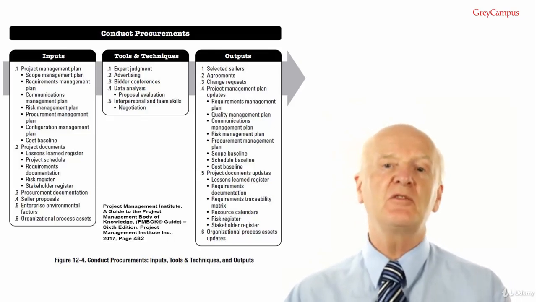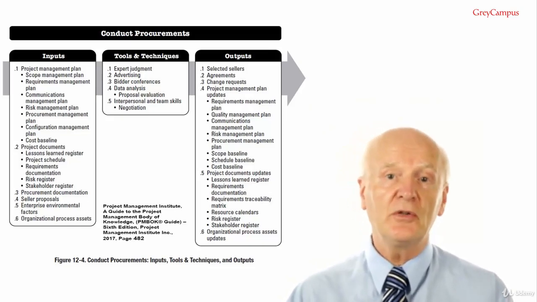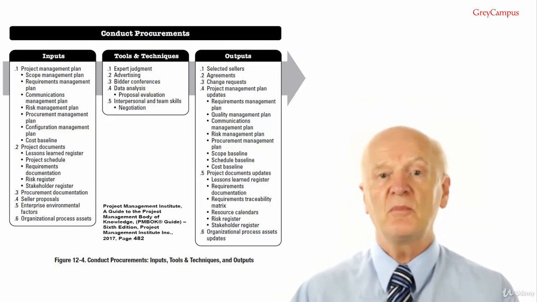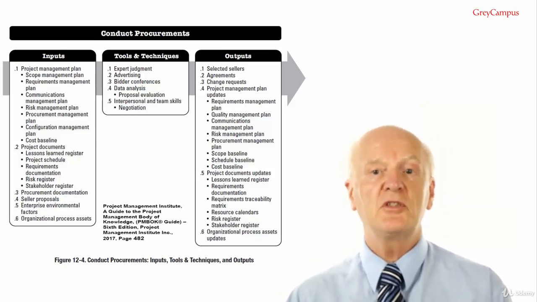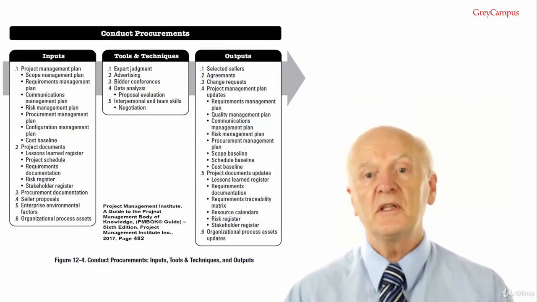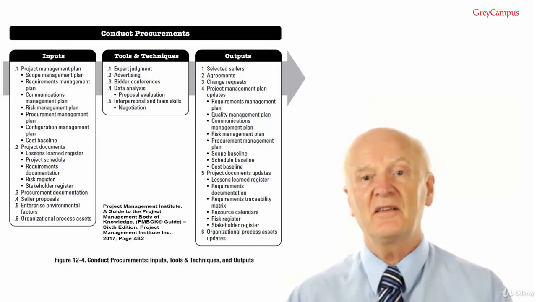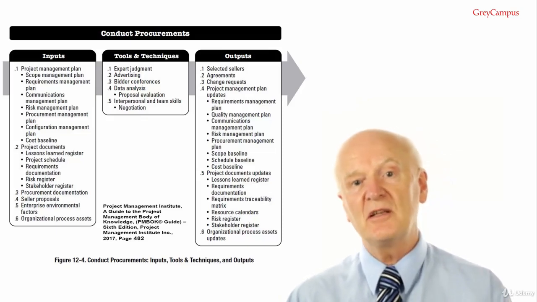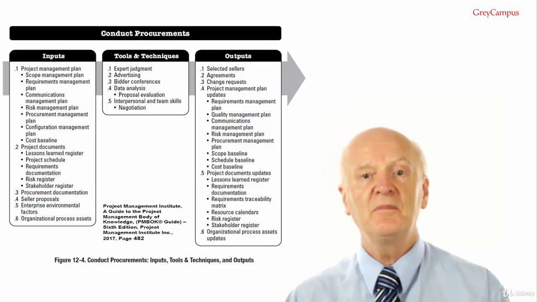Components of the project management plan that may require a change request include the requirements management plan. There may be changes to project requirements due to changes identified by sellers. Quality management plan. The sellers might offer alternative quality standards or alternative solutions that impact the quality approaches defined in the quality management plan.